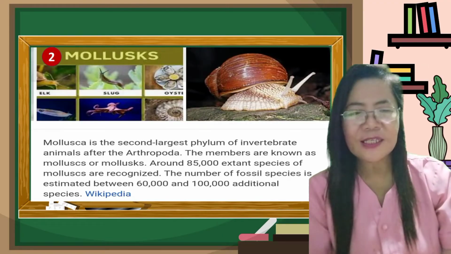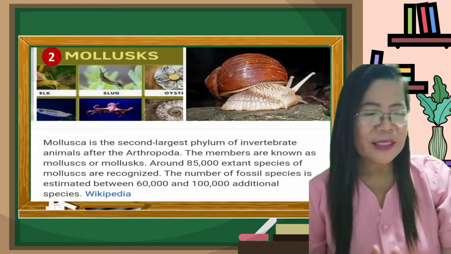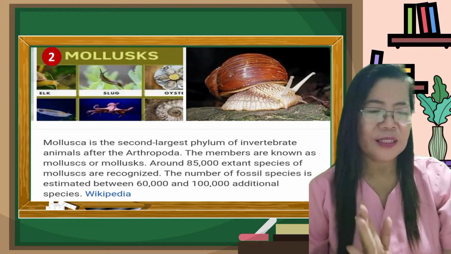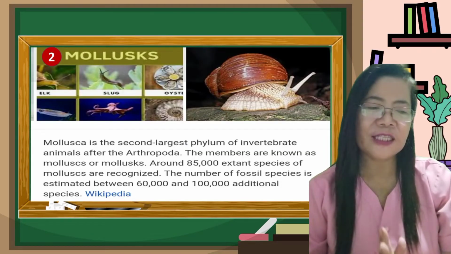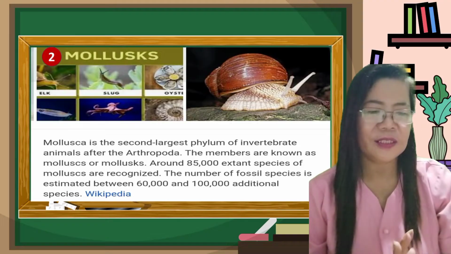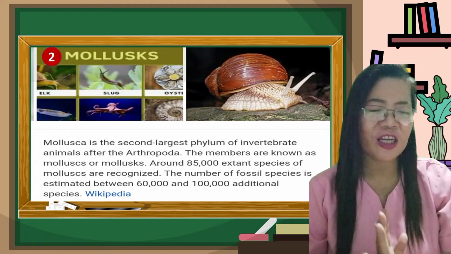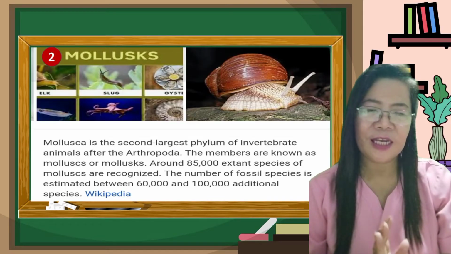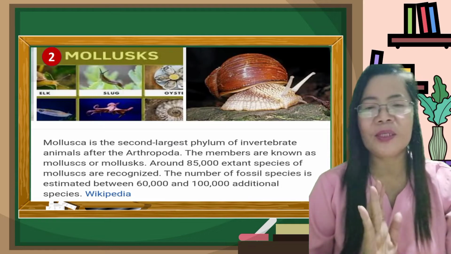Now, mollusk class. Many mollusks are found in aquatic or ocean and freshwater and moist land environments. Many mollusks use a grasping structure called radula to scrape food into their mouth.